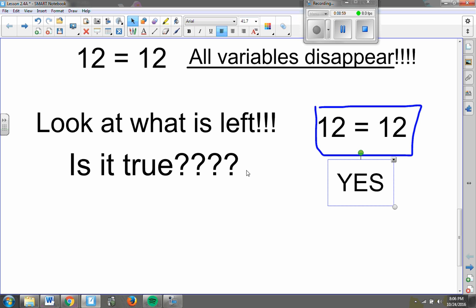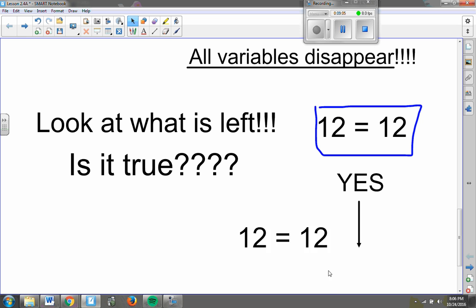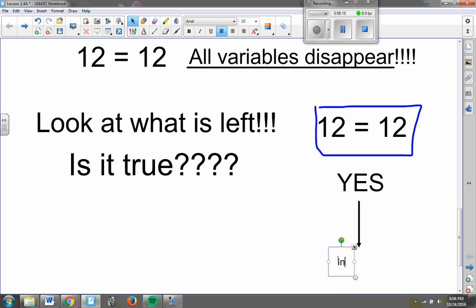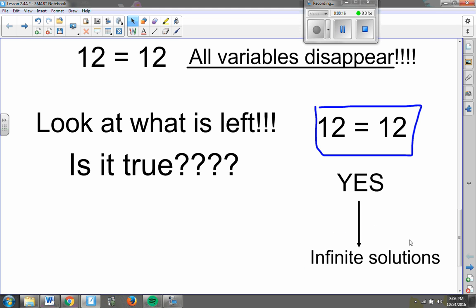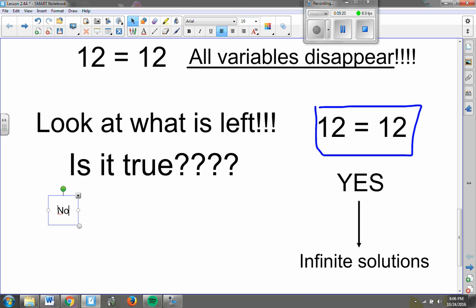So when it's yes, that leads us to our answer. When the answer is yes, then for this equation we would say infinite solutions. Okay, when the answer to that question, look at what's left, is it true? If the answer is yes, we say infinite solutions. If the answer happens to be no, like let's say it ended up being 12 equals 5.